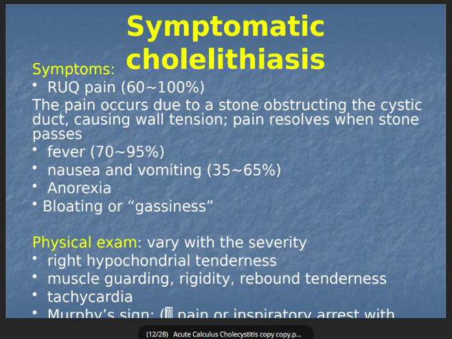Murphy is cessation or stoppage of breathing due to pain on inspiration while you're putting your hand on the Murphy point, which is the mid-clavicular line, 9th intercostal space. You press and ask the patient to take a deep breath.